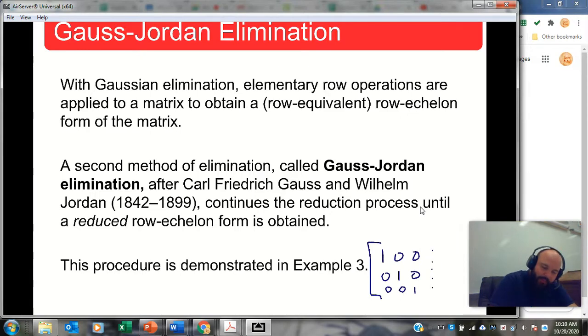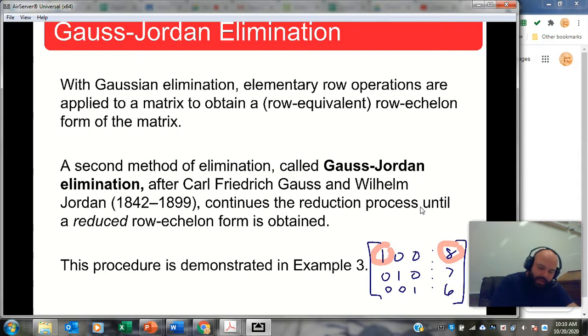And then the augmented part, like that, is the actual answers, right? So remember, this is the key thing to remember. This column right here represents x's. So if you only have a 1 x right there, that tells you that x is 8, right? So that means x equals 8.